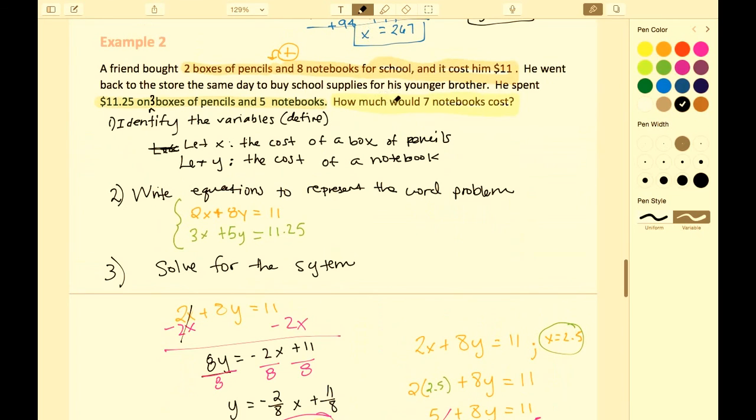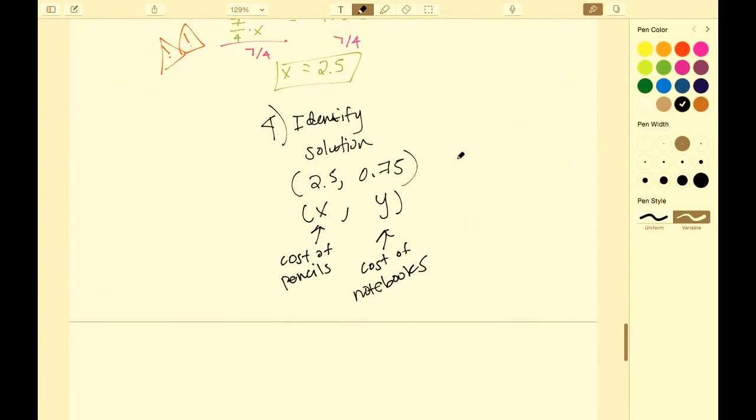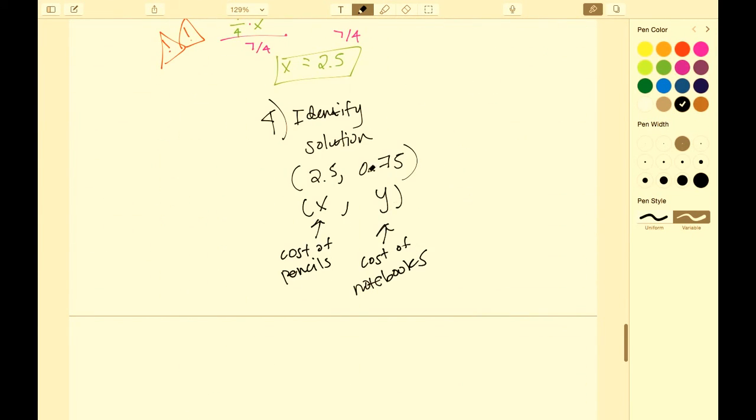Here, our answer said, how much would 7 notebooks cost? Well, if we know it costs $0.75 for notebooks, then what we have to do, which is the final step here, is we need to multiply that. So if we know it costs 75 cents per notebook, then all we need to do is multiply this times 7 to figure out the price for 7 notebooks.